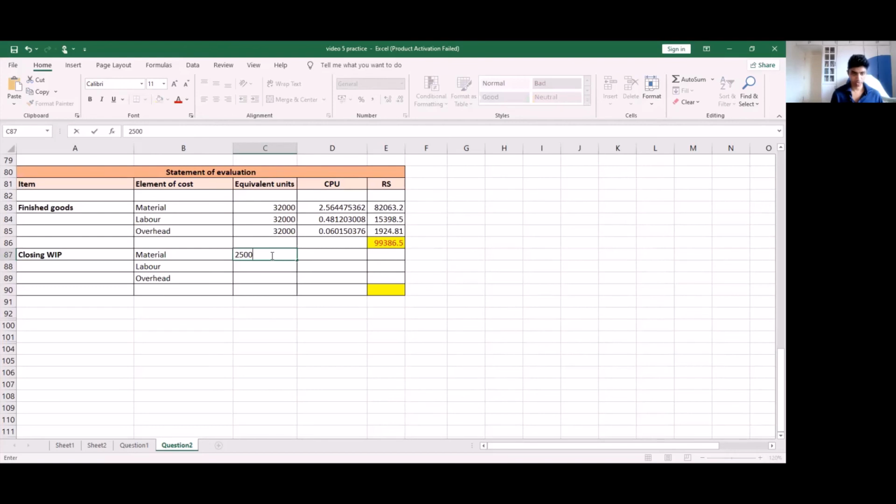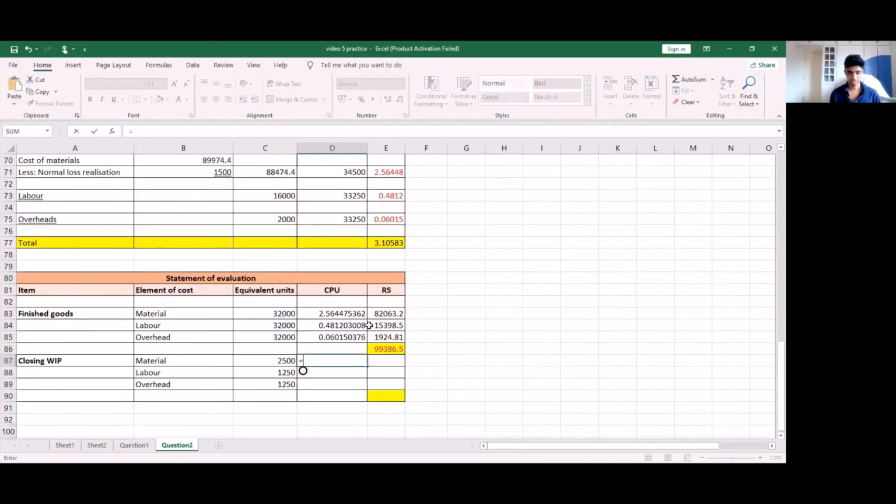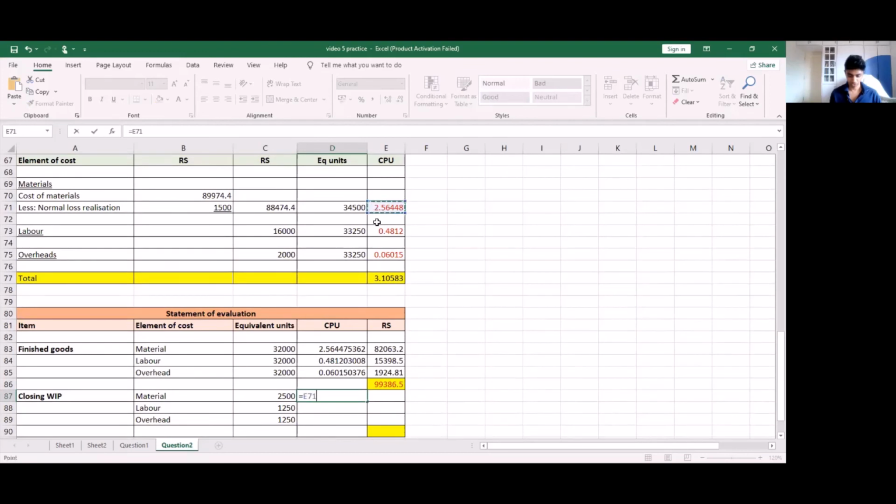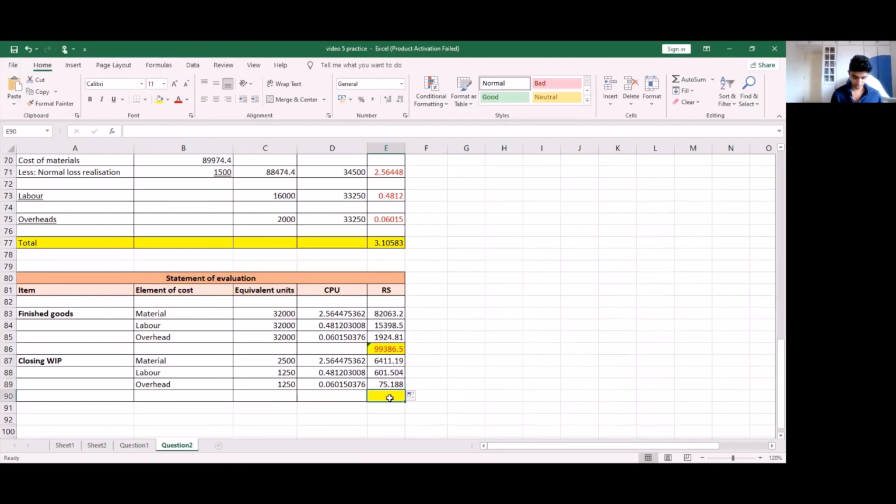So 2,500 for materials, 1,250 for labor and overheads. Our cost per unit being the same, we have 2.56, 0.48, and 0.06. We will multiply our equivalent units with our cost per unit again, do the same for labor and overheads, and find the sum.